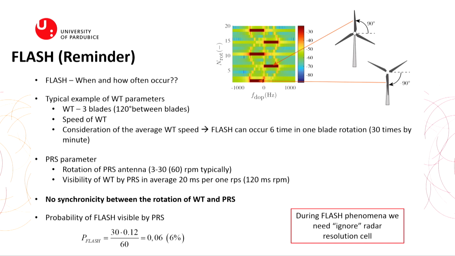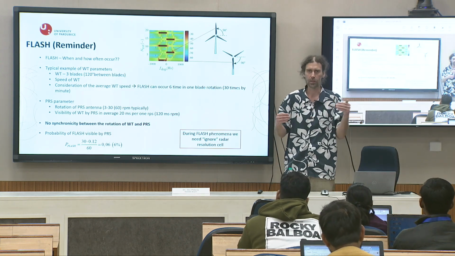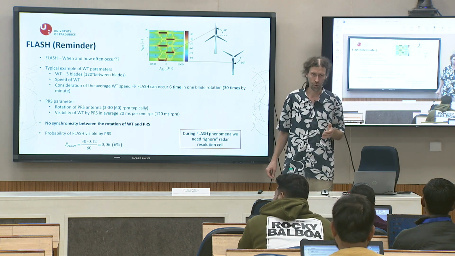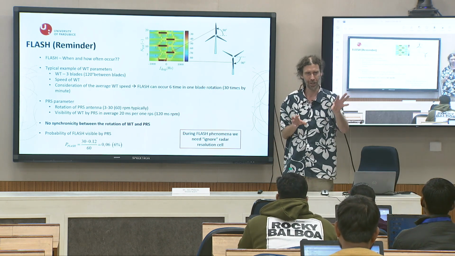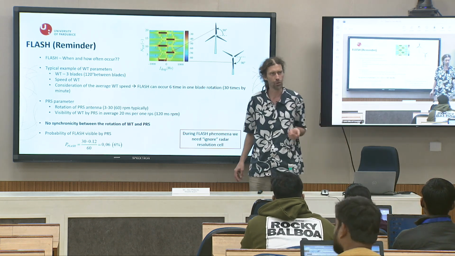The rotation speeds of wind turbines and antenna are of course not synchronized. It could occur in some special occasions that they are synchronized, but it is not typical, so you don't need to count on it.